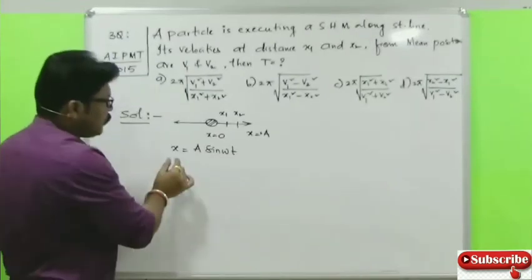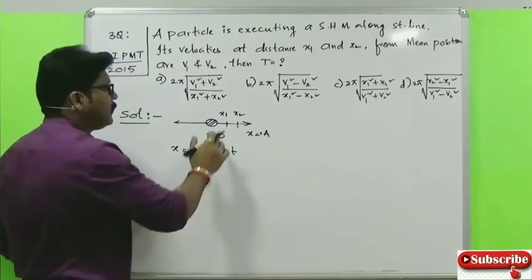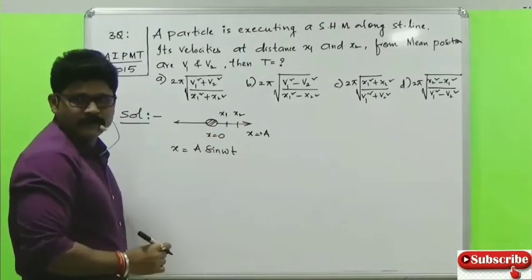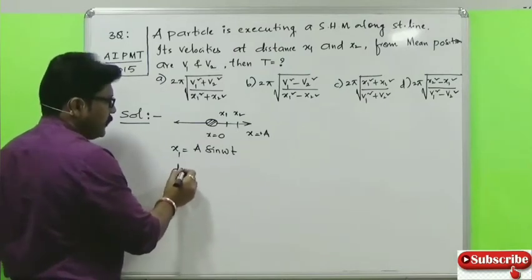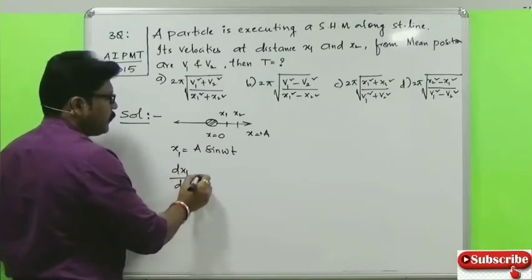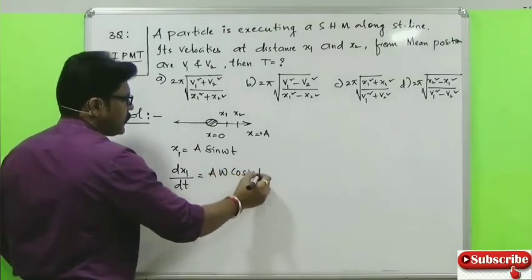Now as I know x is equal to a sin omega t, definitely I can calculate x1 and x2. If I differentiate this, dx1 by dt equals a into omega into cos omega t.